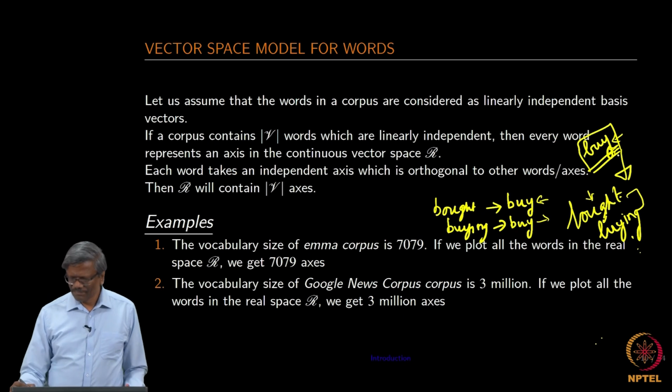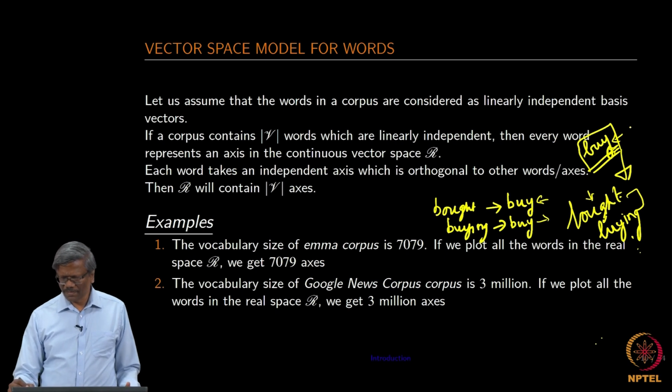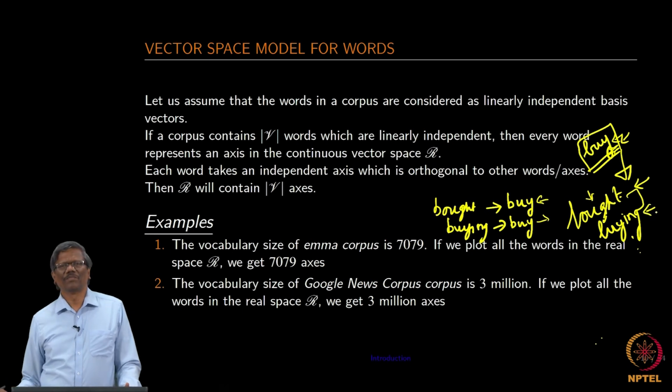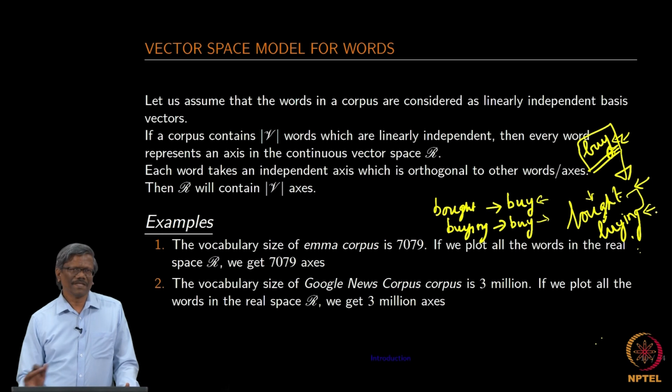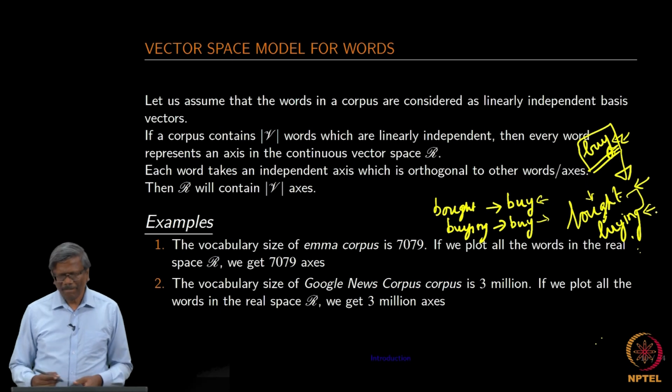Once you find this using some mechanism, it is possible to list all the documents that not only contain the word "buy", but also all the documents that contain the words "bought" and "buying", correct. So, this is something we want to achieve. Is it possible to really get those in some fashion? Can a vector space model for words really help us? This is what we are going to look at in the vector space model.